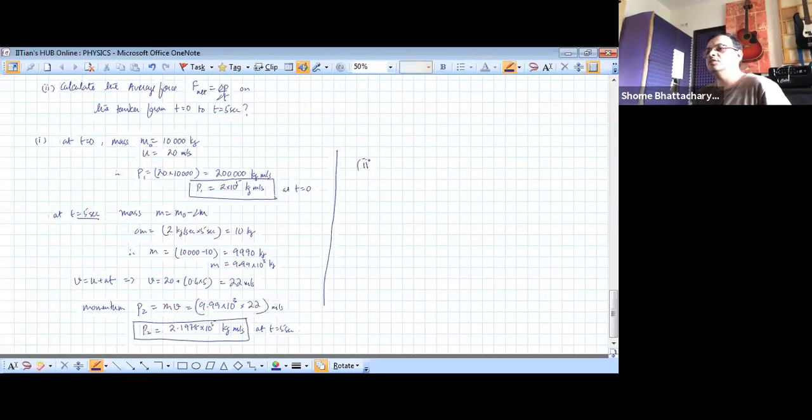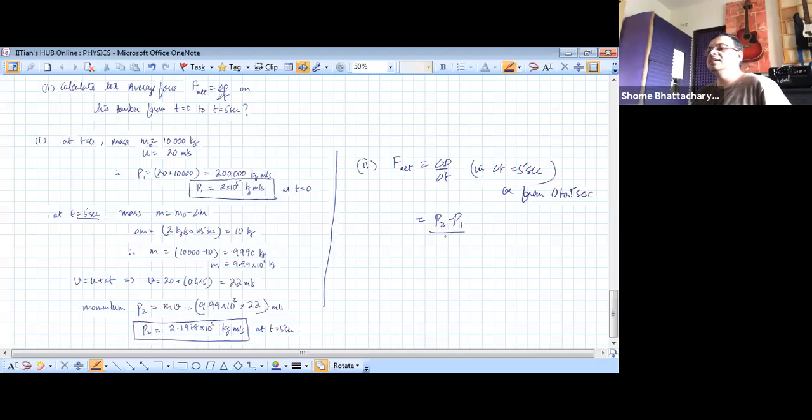For the second part, we just use that the average net force is change in momentum upon change in time, with delta t equal to 5 seconds, from 0 to 5 seconds. So the change in momentum delta p will be p2 minus p1, and the change in time will be 5 seconds.